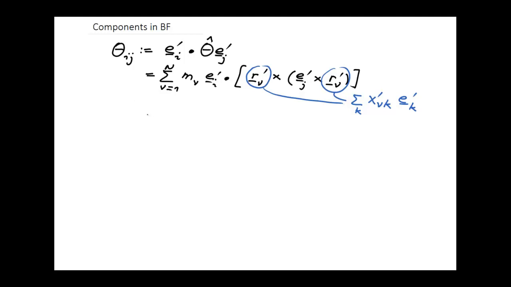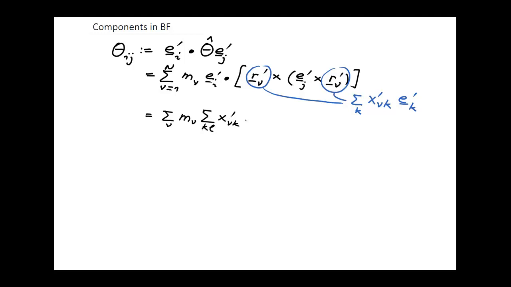When we do that, then we have the sum over nu, m_nu, sum over k, l, x_nu k prime. So I take the components in front, the x_nu k primed, and the other vector we can take as a summation index, we can take l.